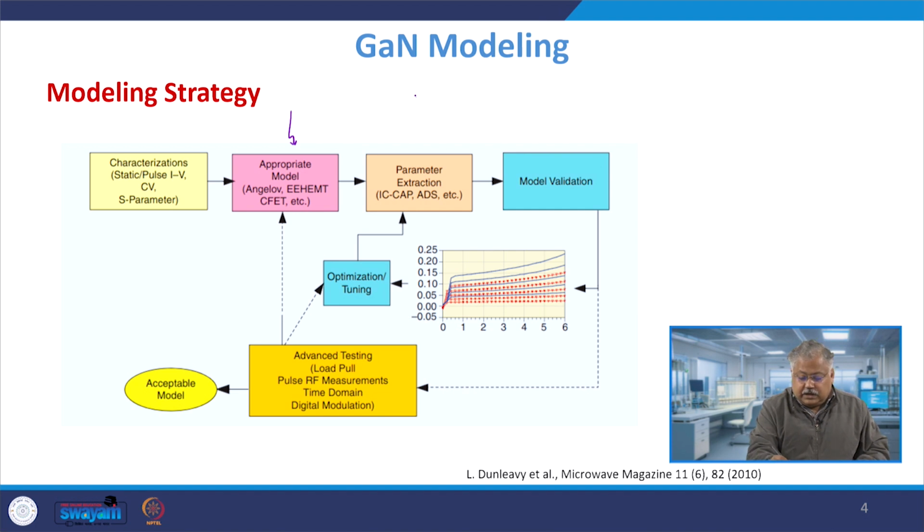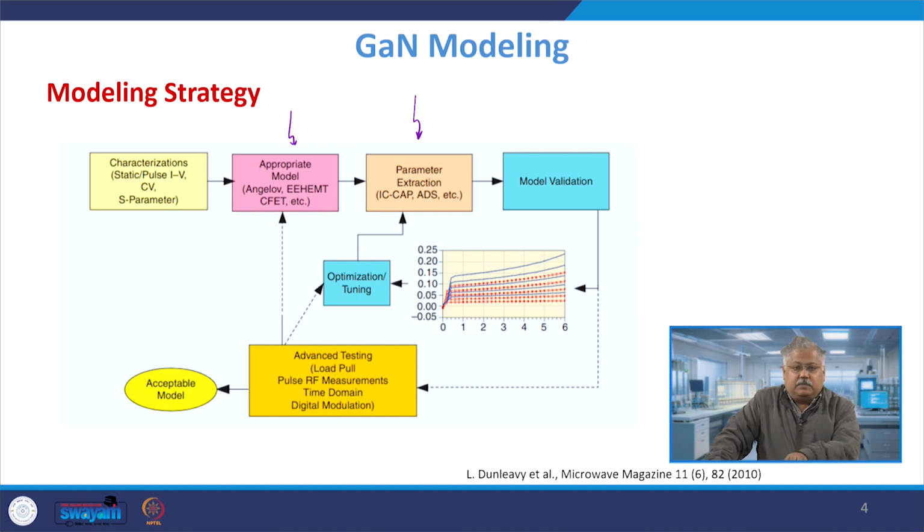Then you do a parameter extraction using IC-CAP and ADS, right? Parameter extraction primarily means that you are extracting various low level parameters of the device itself. Say, for example, you want to extract the threshold voltage, the mobility, the R on resistance, or the breakdown voltage.